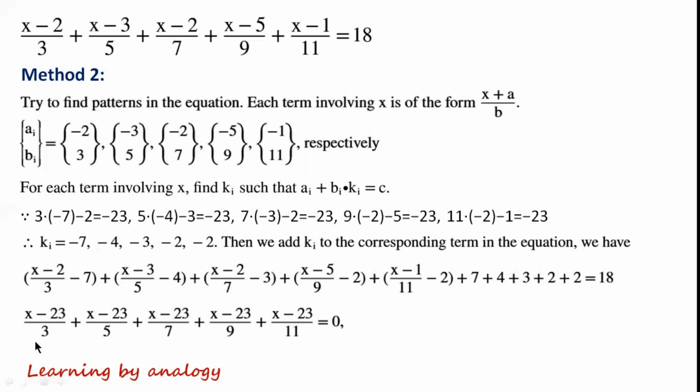Simplifying, we have (x - 23)/3 plus (x - 23)/5 plus (x - 23)/7 plus (x - 23)/9 plus (x - 23)/11 equals 0.